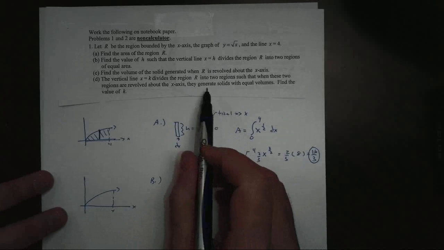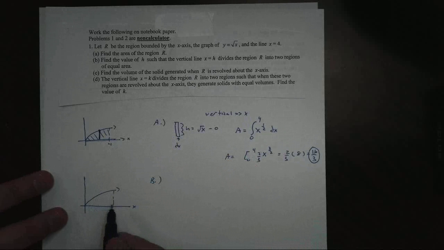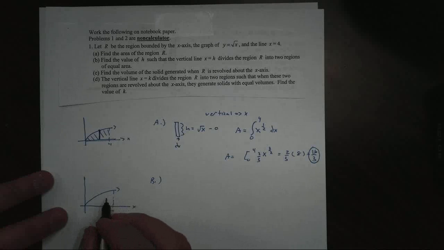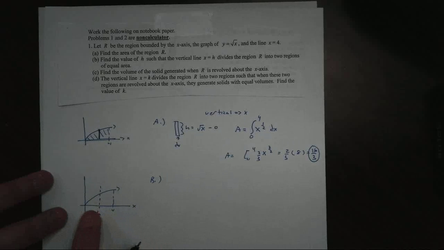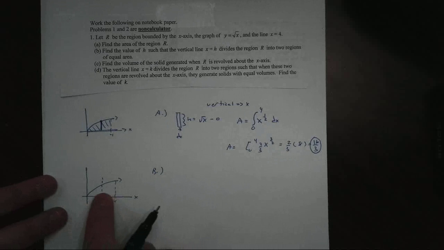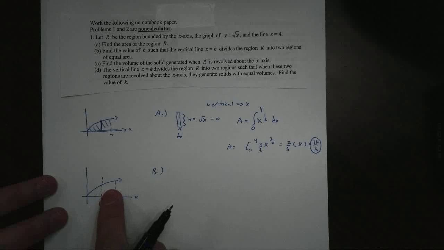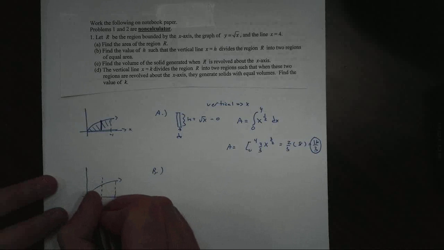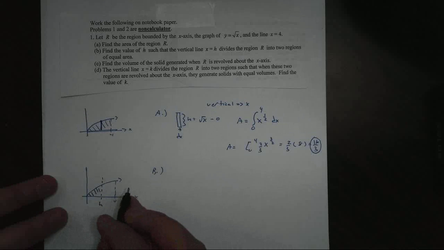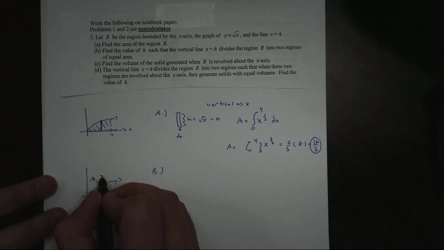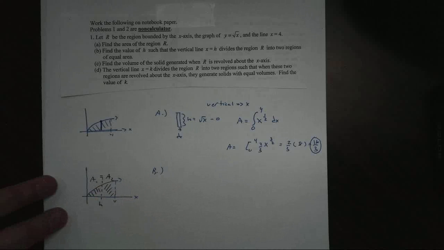But what they're now asking is, somewhere between 0 and 4, I'm going to draw a vertical line h. What h will do is split this area into equal areas. In other words, this area on the left of h will equal the area on the right of h. So area 1 will equal area 2.